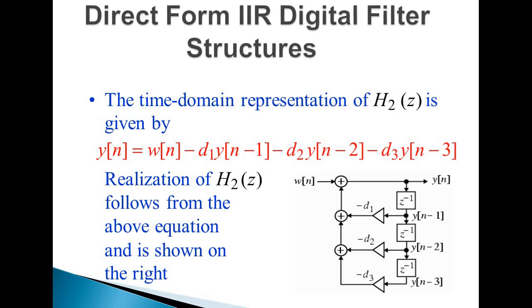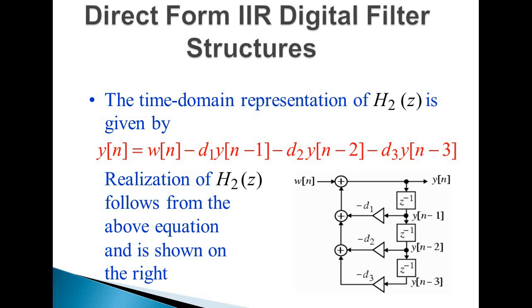Similarly, the time domain representation of H2(z) is given by y(n) is equal to w(n) minus d1 y(n minus 1) minus d2 y(n minus 2) minus d3 y(n minus 3). And in the same manner we are going to realize this by using the delays, adder and multiplier circuits. See the diagram which will give you the idea related to that.